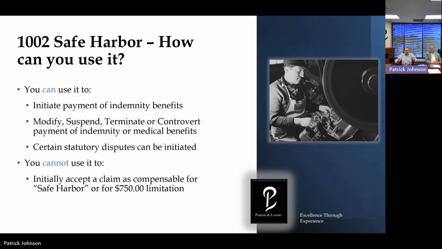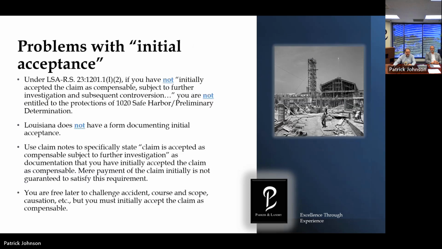You cannot use it to accept the claim as compensable. Now, that doesn't mean you don't try, but one of the things that most people forget about the 1002 process is you cannot use the protections if you have not initially accepted the claim as compensable.